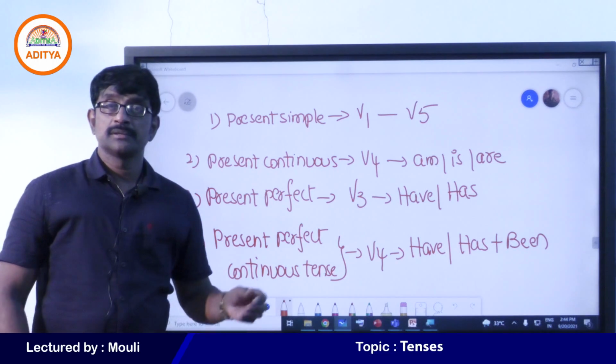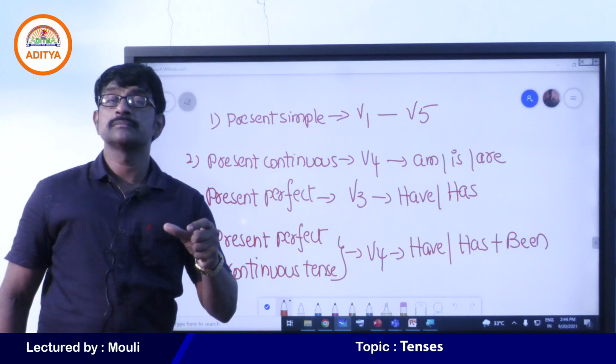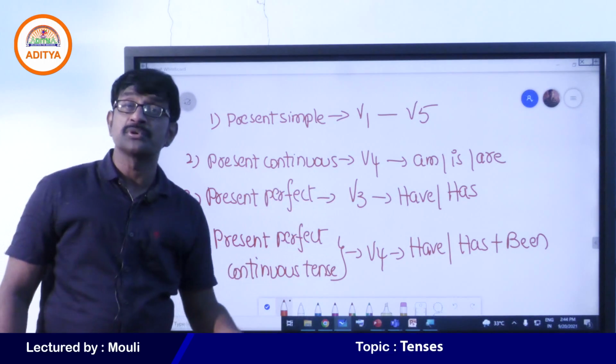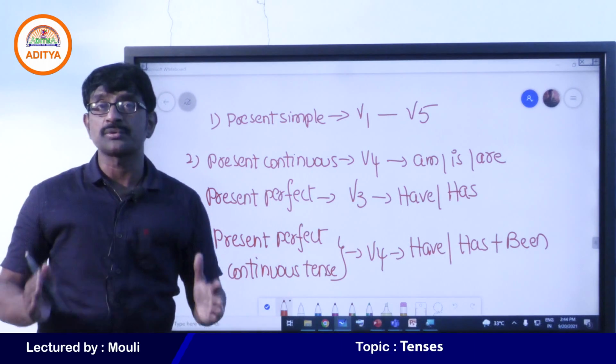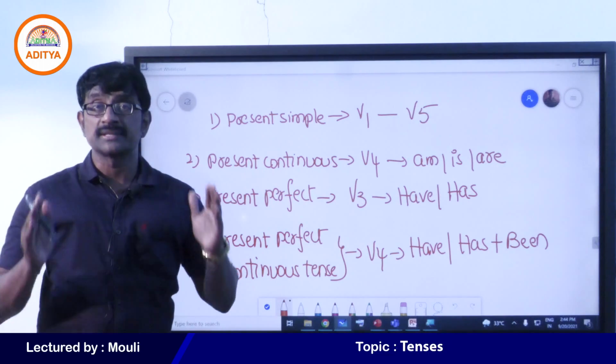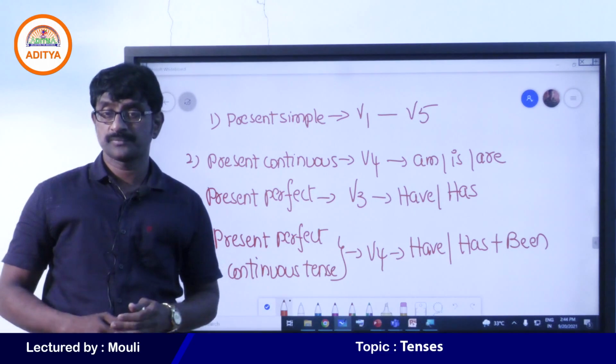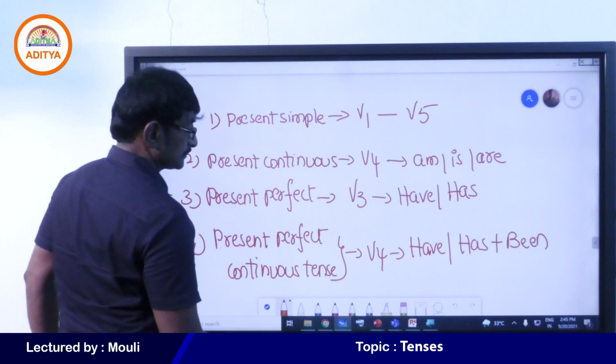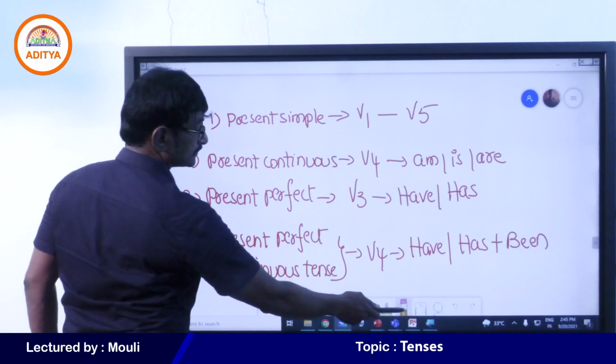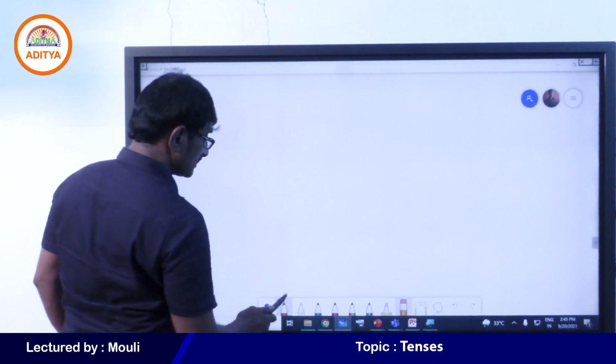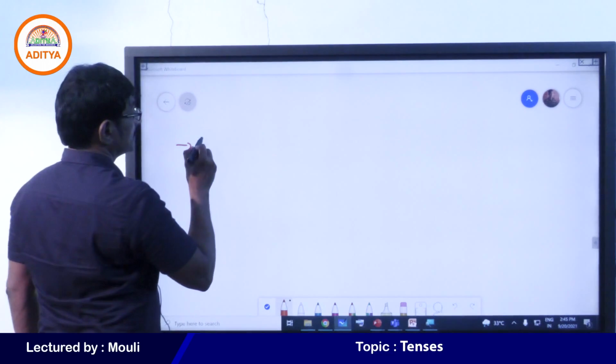Okay students, I will give you 1 or 2 examples on these 4 tenses now. Please try to recognize which is the best choice among the given. Okay students, now we'll go to this one.